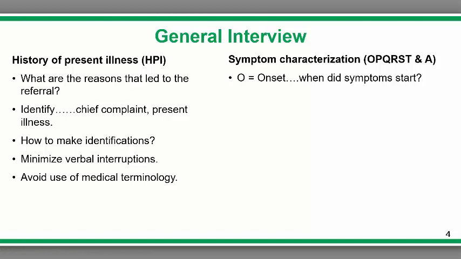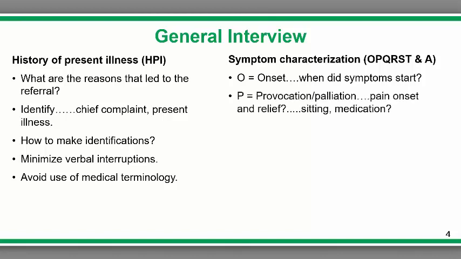The O stands for onset, and it's important to understand when the symptoms began, what the patient or client was doing, how long ago from the time of the general interview did those symptoms begin. Provocation and palliation are also important considerations. And provocation refers to the pain onset, what brings on the pain and what relieves the pain.